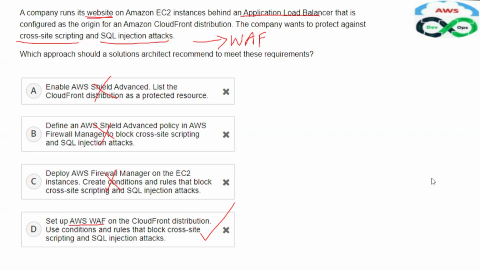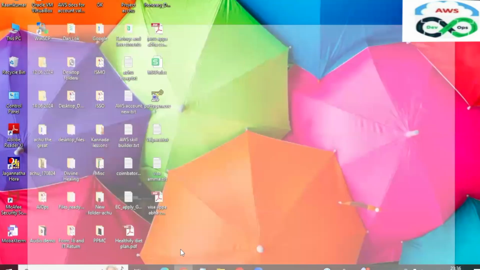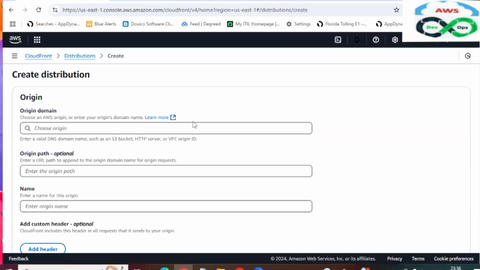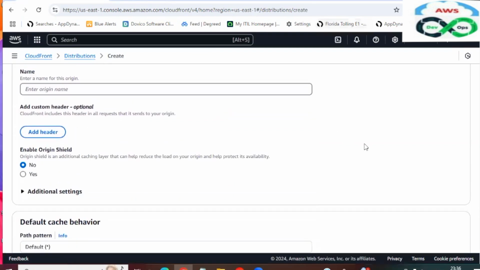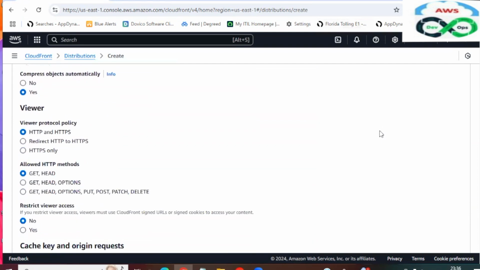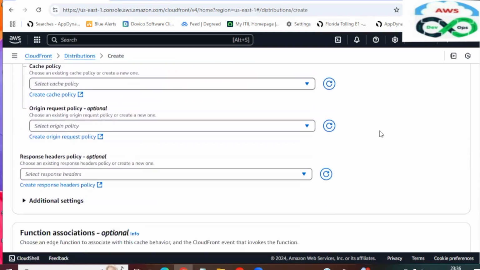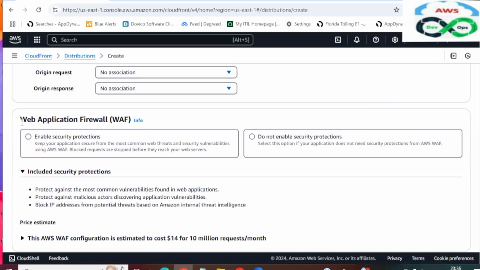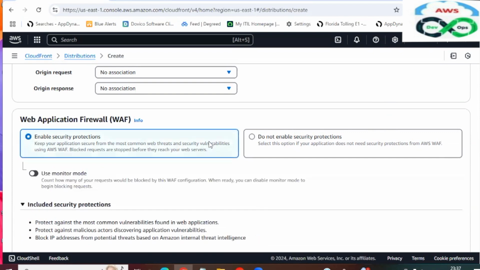So if you go to the CloudFront distribution, I'll just show you here. So this is my CloudFront dashboard, right? And if I'm entering the origin, and if I come down here, you can see we have an option called Web Application Firewall. So if you want to protect your CloudFront DNS endpoint with a WAF, you can enable this option here, enable security protections.